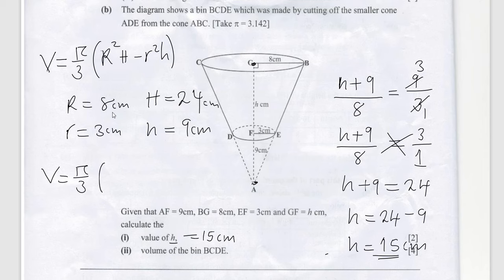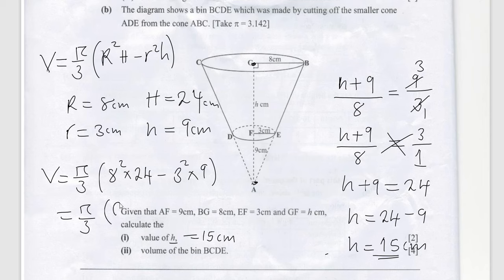Capital R is 8, so 8 squared times capital H, which is 24, minus small r, which is 3 squared, times small h, which is 9. So just do your proper mathematics here. What is 8 squared? 8 squared is 64.